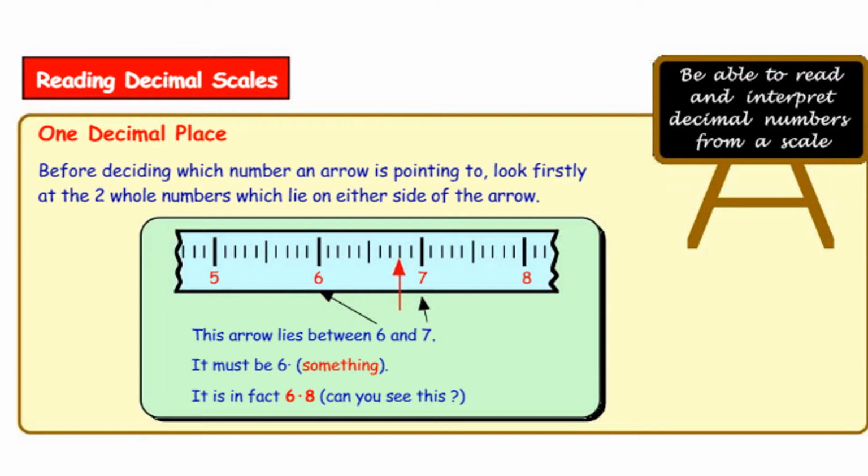Which is a little bit like time when we do time as digital. We say the hour that we've left, but not the hour that we've got to yet. So we can see that it's 6.8. Now, what you can see halfway between the 6 and the 7 is a slightly longer line. And that is actually there to help you to read the scale more easily.